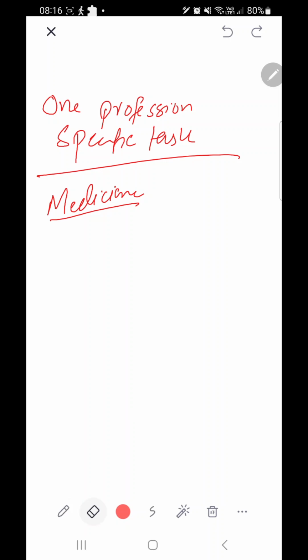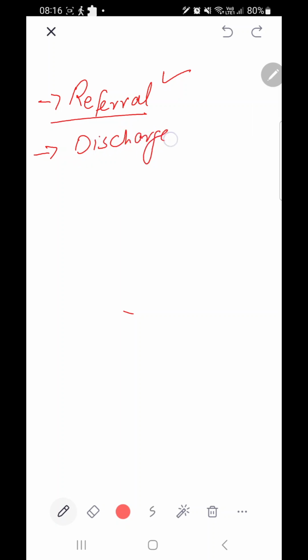Anyhow, first of all, there are different types of letter that we have to write. Maybe the most common in medicine is referral notes. Then we have discharge letter and transfer letter.